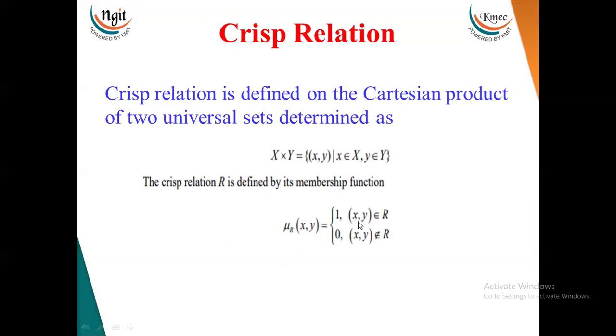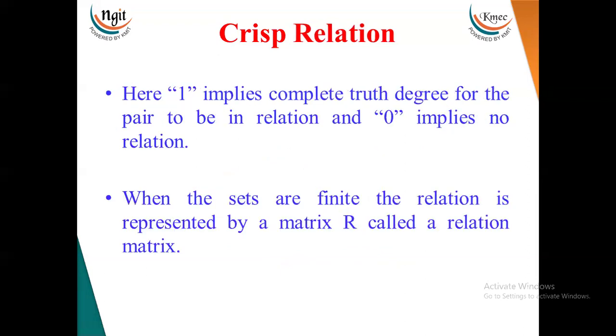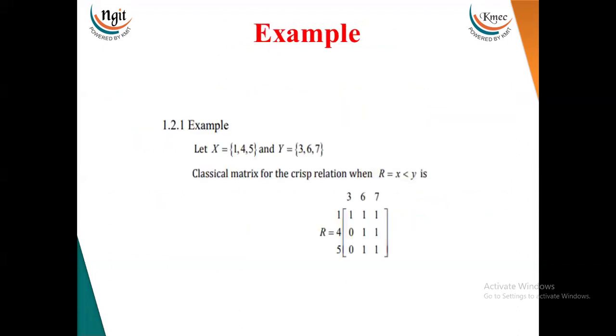If it is 1, x comma y belongs to R. If it is 0, x comma y are not in relation. So what does R imply here? The relationship between two sets. Same thing here: 1 implies the pair is in relation and 0 implies there is no relation. Done. So we have seen the matrix and we have seen the relations.